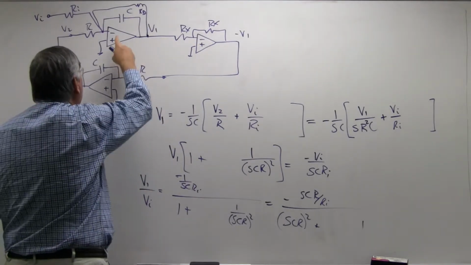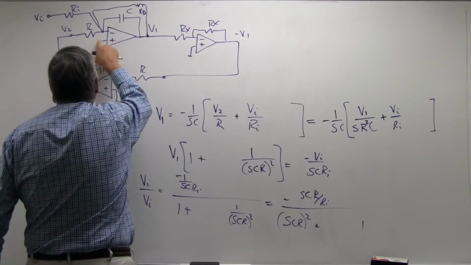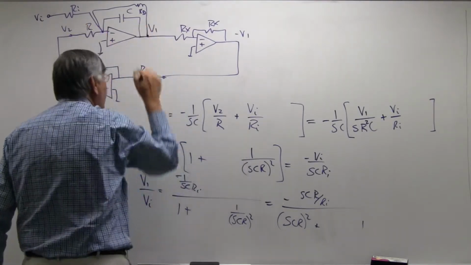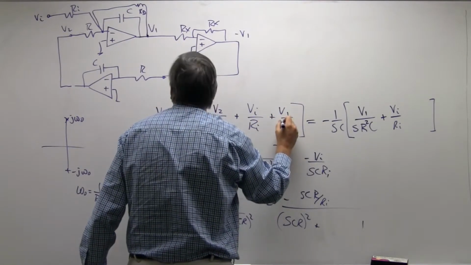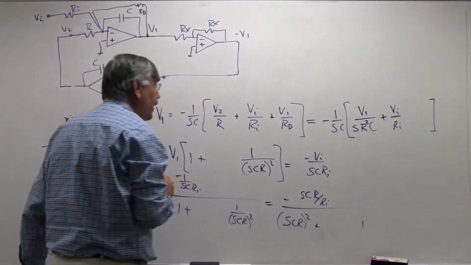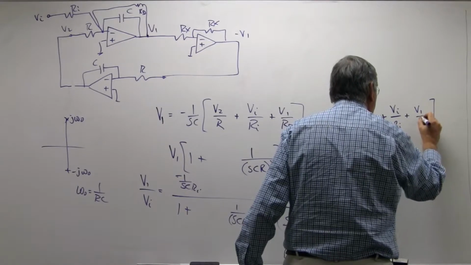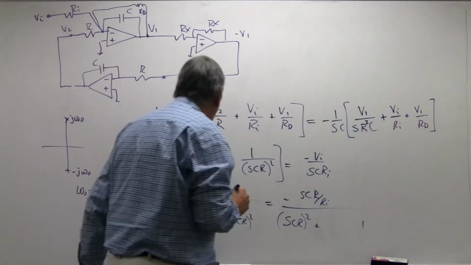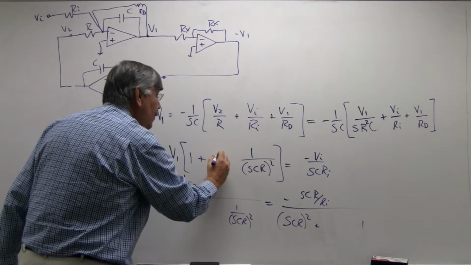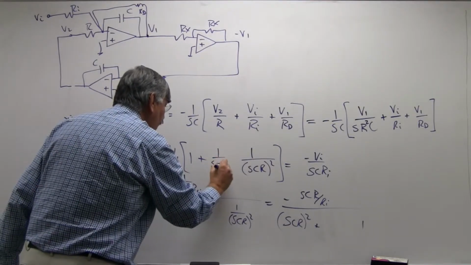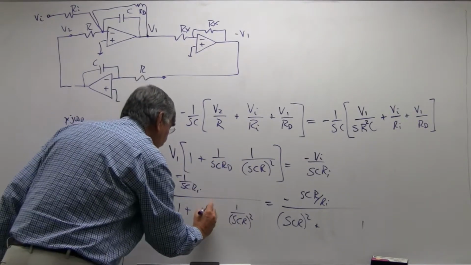So what that's going to do is, remember that this thing, V1, is the integral of the VI current, and now we've added one that's proportional to V1, and so V1 over RD is added here. And that is going to add a V1 divided by 1 over SCRD in the middle here, and here.